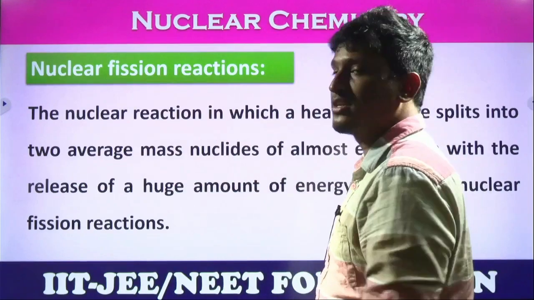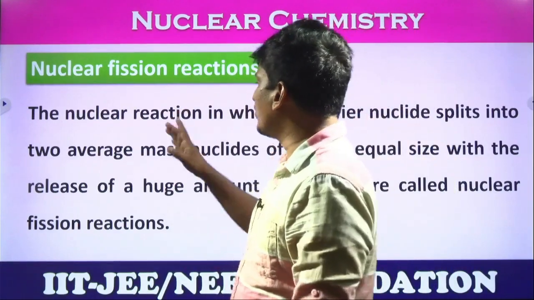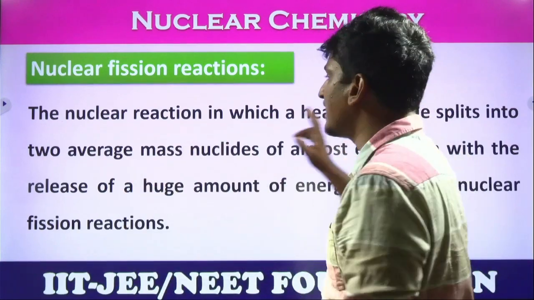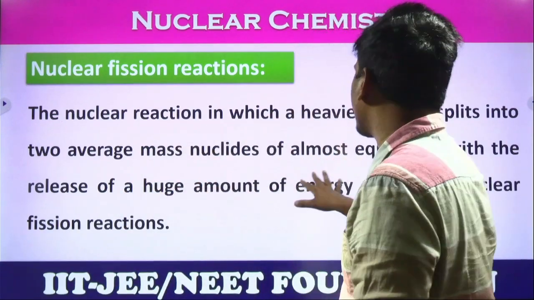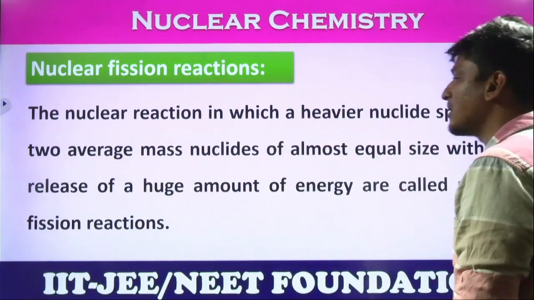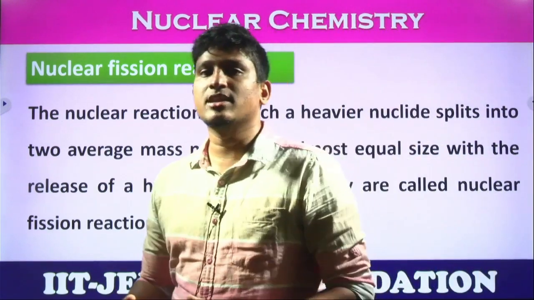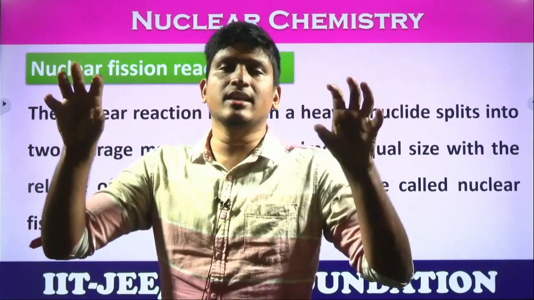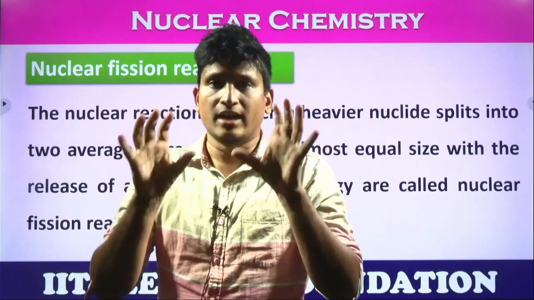First, nuclear fission reactions. The nuclear reaction in which a heavier nuclide, a big nuclide, splits into average mass nuclides of almost equal size with the release of a huge amount of energy is called a nuclear fission reaction. That means a big nucleus breaks down to form two separate, identical-size nuclei. That means ultimately the element is changing.